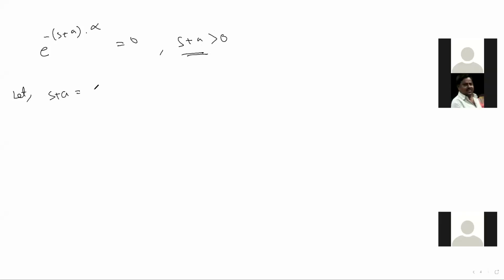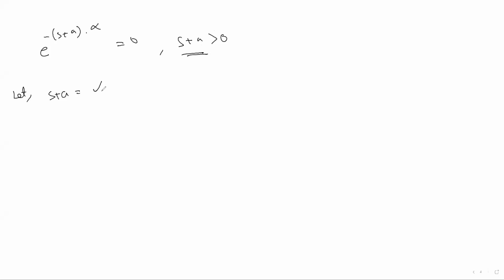Somebody asked me why I have written this thing as 0 if s plus a is greater than 0. Let me explain. Let s plus a be some value, suppose p. Then how can we write e to the power minus p into infinity?